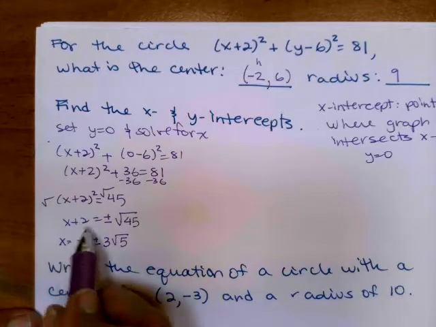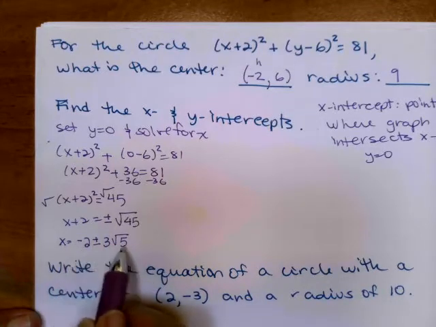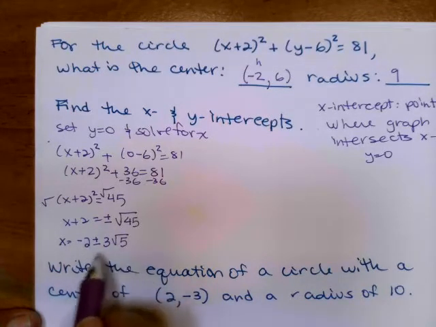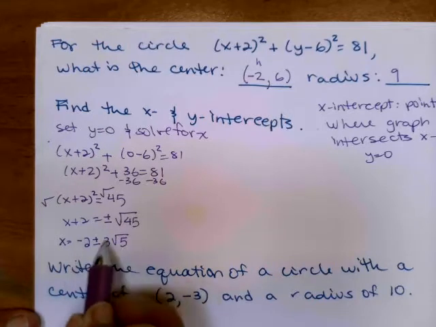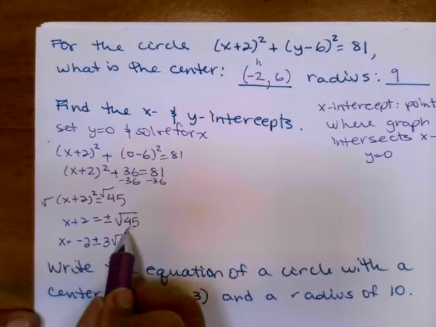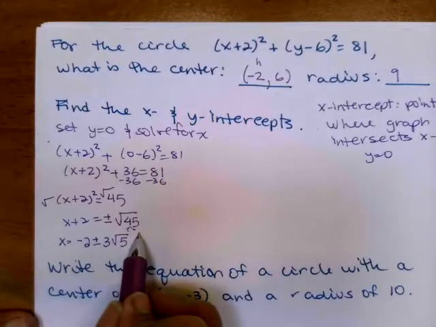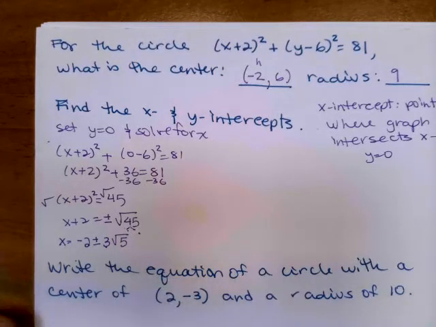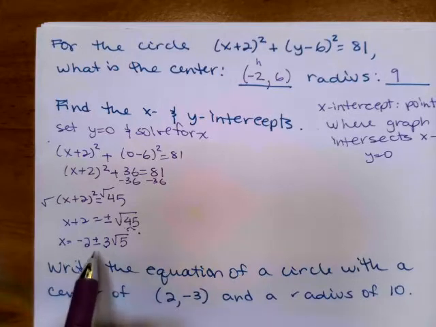The negative 2, when I subtracted 2, can't combine with anything else because this has a square root of 5. The 3 square roots of 5 is because that becomes the square root of 9 times the square root of 5. Square root of 9 is 3, and square root of 5 tags along. So there are two values where the circle crosses the x-axis.